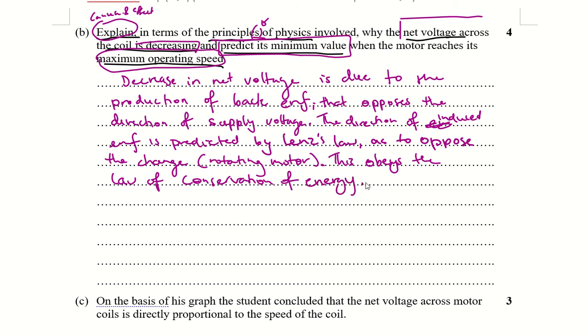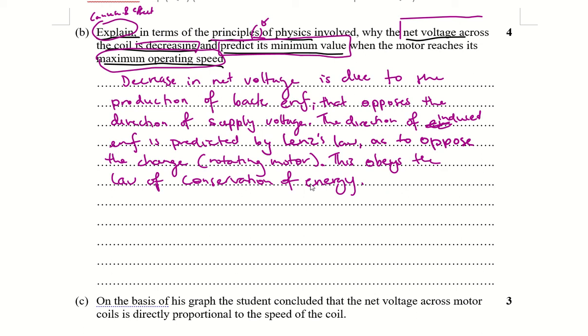Okay, the reason why it obeys the law of conservation of energy is because the kinetic energy of the motor rotating will be equal to the electrical energy that then produces the electric current, then that produces the magnetic field.